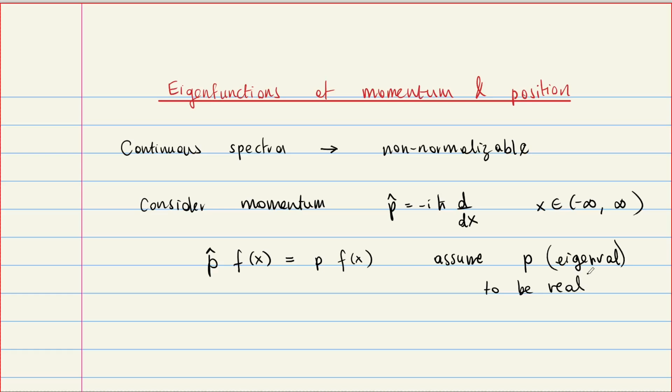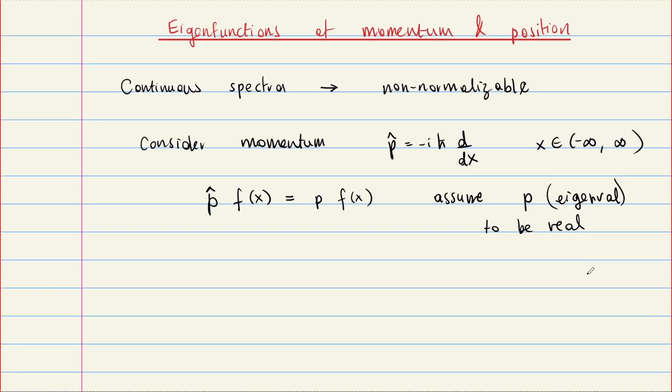Here, unlike the previous lecture, we have to assume it, and you'll see why. And what is this? This is minus i h bar d/dx of f of x, and this is a number times f, right?